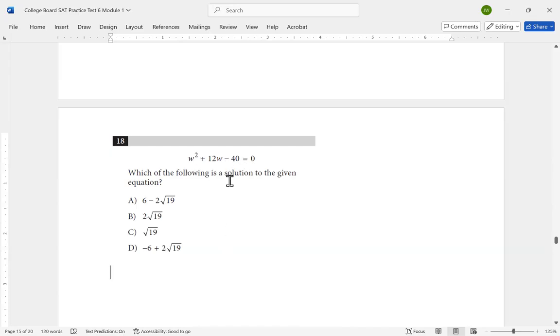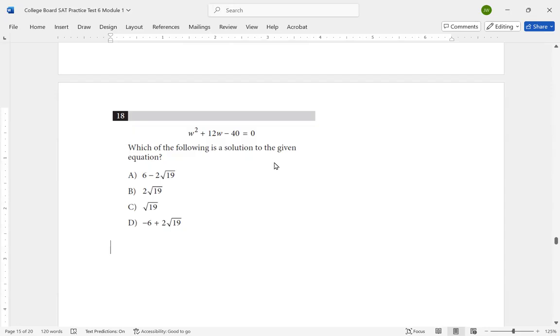If you get a true statement, so if you get 0, then you get 0, that's fine, and you get an actual solution. If you don't get 0 on the left, then you know it's not a solution. So in each of these cases, we can plug in and see what we end up with.